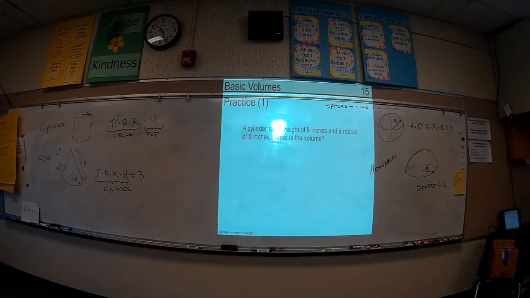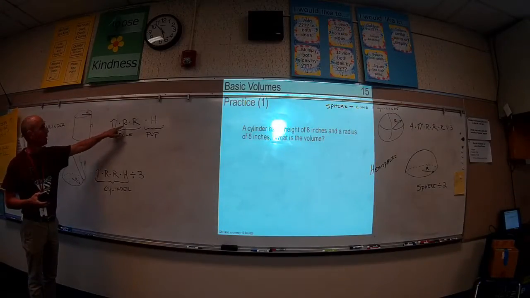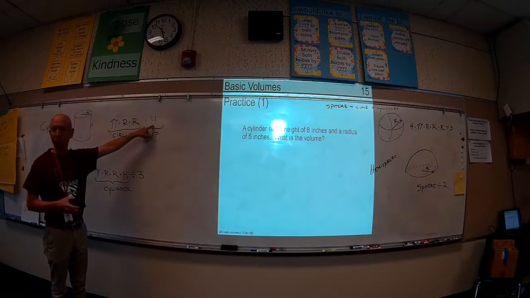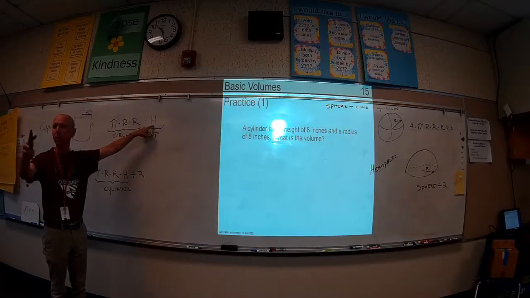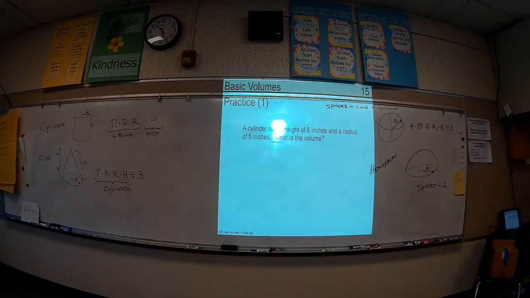So what I'm doing is, it's a cylinder. Pi, hit 3.14 in the calculator, 3.14 times the radius. What's the radius? 5. Times 5. Times 5. What's the height? Times 8. Good, good. What's your final volume? That's good, Lisa. Sam, that looks good.